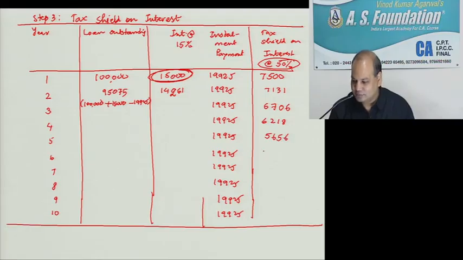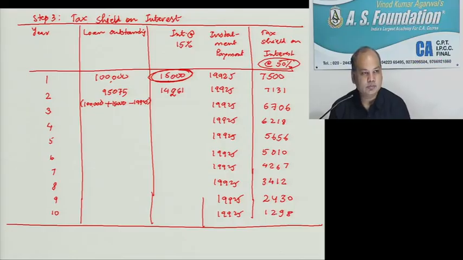Next, 5010. Okay, next, 4267. Okay, next, 3412. Next, 2424. Okay, next, 1298. Right.